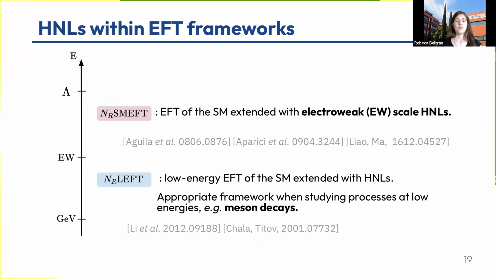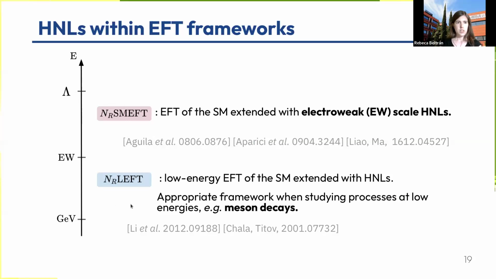This requires extending the list of operators to include those with right-handed neutrinos. Significant progress has been made in the last decade, and complete bases of operators up to dimension 9, I think, are now known.